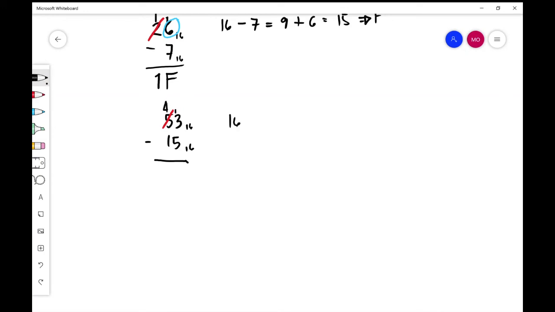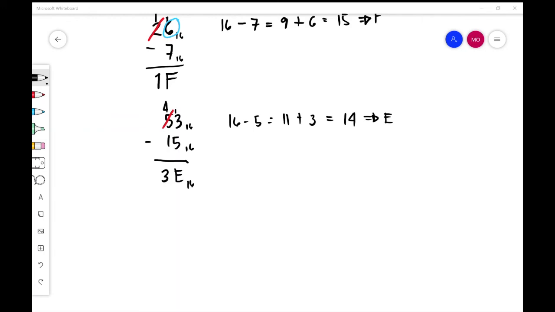So 16 minus 5, you get a 11 plus whatever we left a while ago, it's 3. We get 11 plus 3 is 14. 14 is actually letter E in hex. Finally, 4 minus 1, that is possible, so we get 3 here. Therefore, our final answer is 3E base 16. And that's how you do it in hexadecimal.